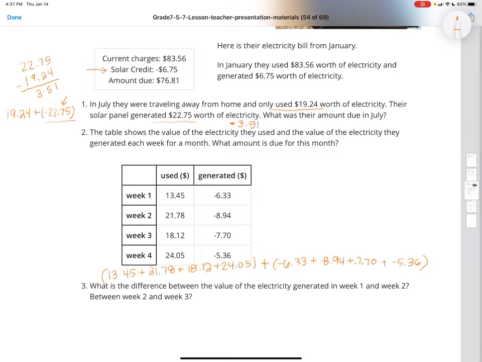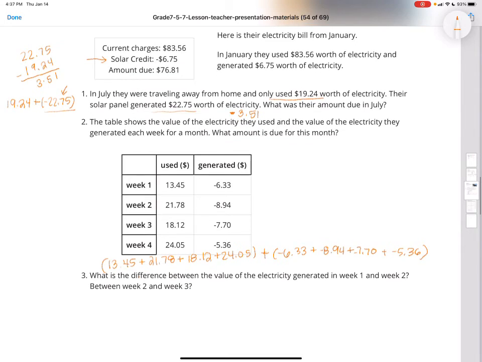Once I add all of those totals together, which I'm going to do in my calculator right quick, the side with the positive numbers, the use side, accumulated to $77.40. Now, on the generated side, I'm going to add those like regular, and since they all have the same sign, I don't have to worry about my negative symbols just yet.